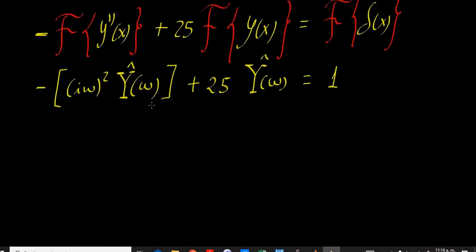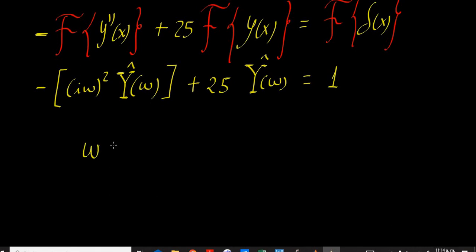So we can certainly isolate y. Here remember that i means the square root of minus 1. If you raise it to the power 2, it's going to be minus 1. With this minus, it's just going to be plus 1.